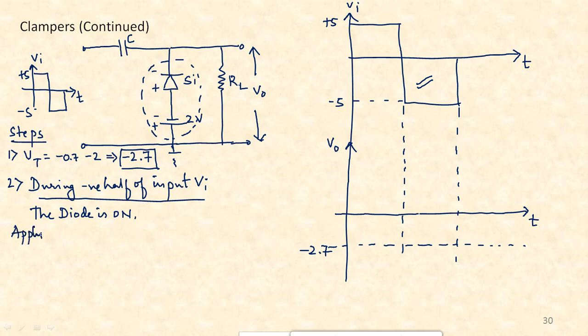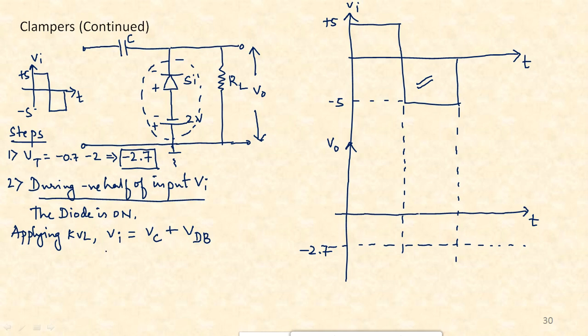Applying KVL again, what do we get? The input voltage Vi is equal to the voltage across the capacitor plus again the voltage drop across the combination of diode and the battery.